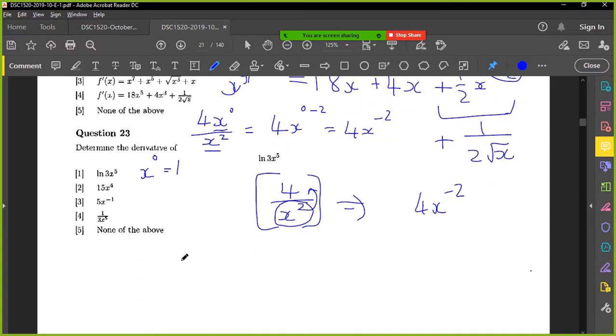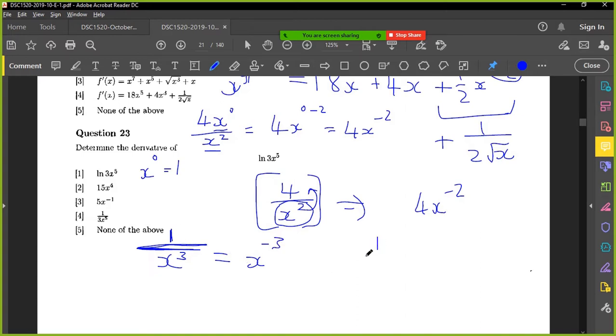So basically, if you have anything in the denominator, how would you write that without the fraction? x to the power minus 3. Yes. So when you have a negative 3, it just tells you whether it's in the numerator or the denominator.